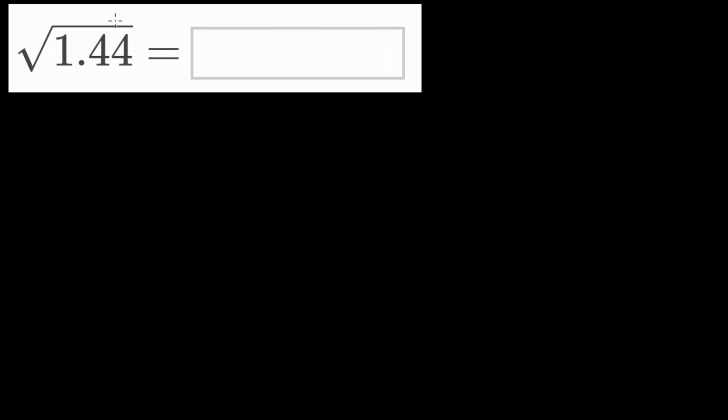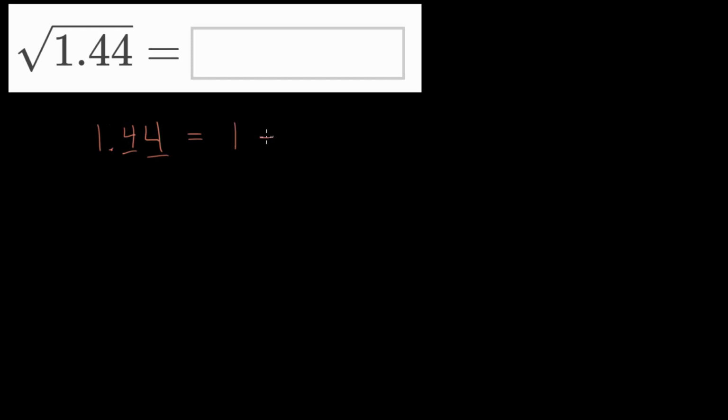Now, when dealing with the square root of a decimal, it might be helpful to rewrite this decimal number as a fraction. And based on the place value, we know this is the tenths, this is the hundredths place. So we have 1 and 44 hundredths.